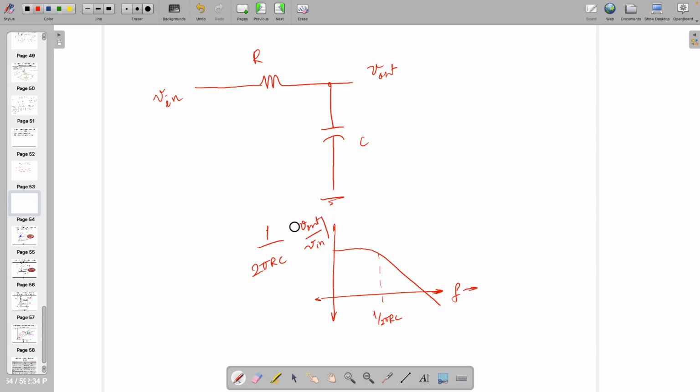You agree with this one, right? If I add one more stage over here, what's going to happen? Let's assume that in between there is one voltage follower I kept with a gain of 1. If this is V out 1, and this is R2, let's assume that both are exactly the same. What is the next bandwidth? What is V out by V in? Find out and tell me.